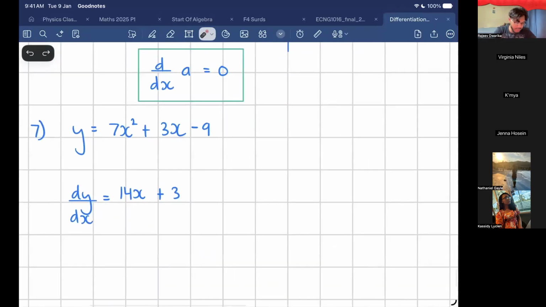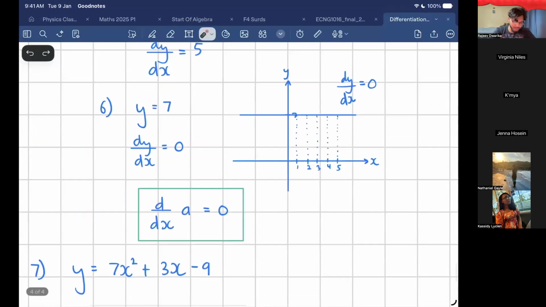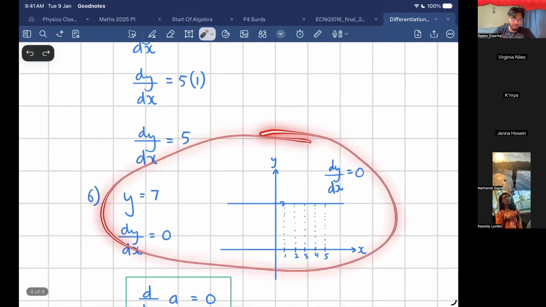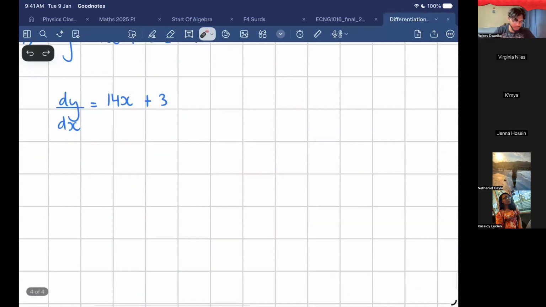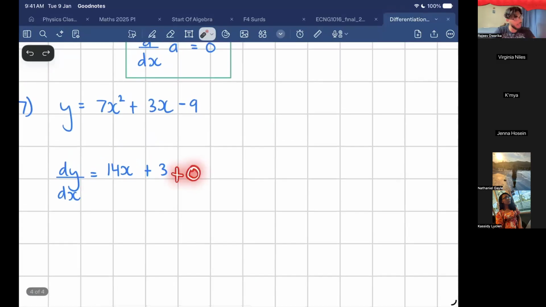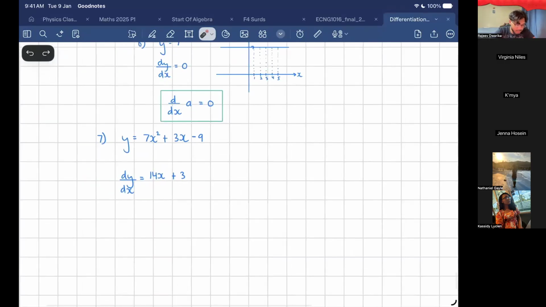Okay. So if I differentiate 3x, that's just 3. The last one, we have a constant. If I differentiate a constant, what's it going to be? It's 0. Remember, we talked about that. You yourself explained it. Constants have no rate of change. So I just add plus 0, but I don't have to write plus 0.